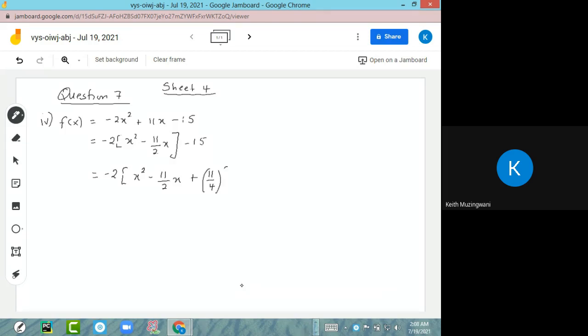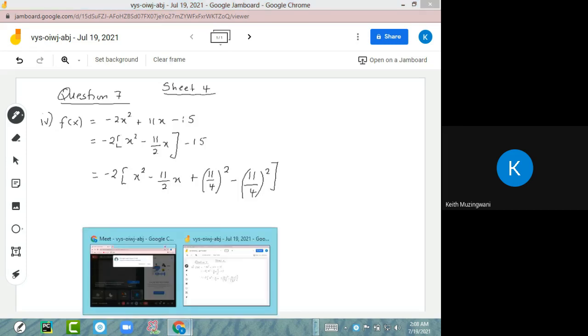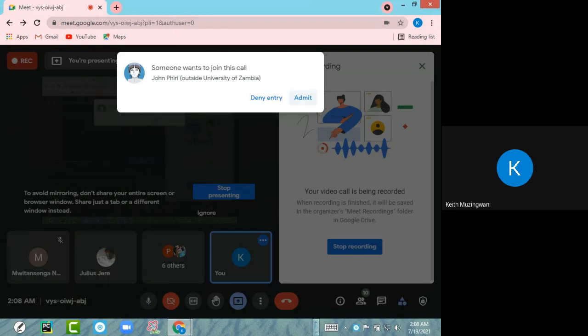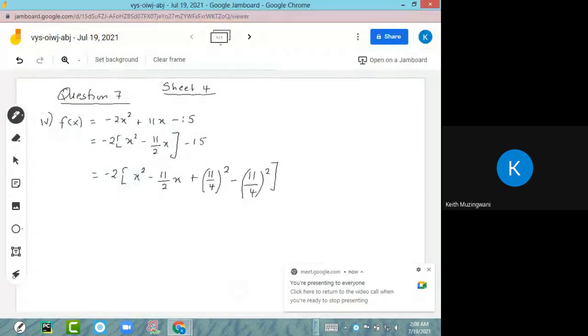Then have it squared, and subtract its square. Close the brackets. And then you bring back the 15.